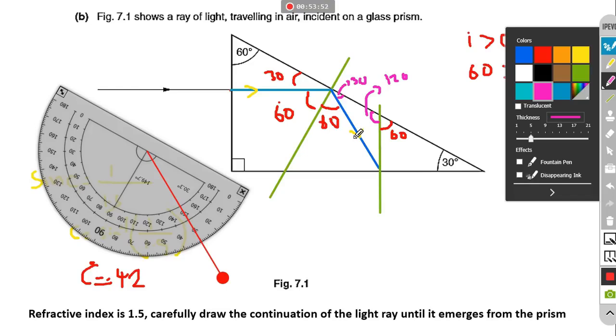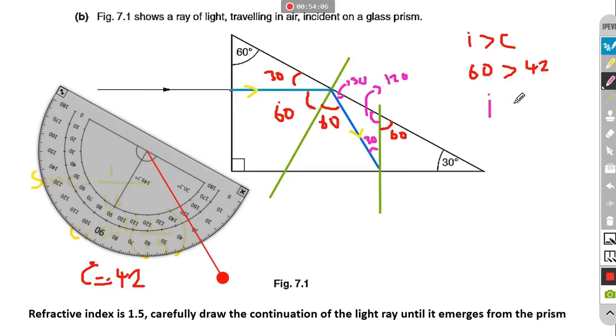This is already 60, so this is 30. So what's left? This is a triangle. 30 plus 120, 150. So we also have here another 30. Now this is the angle of incidence, which this time is less than the critical angle. 30 is less than 42, so refraction would occur.